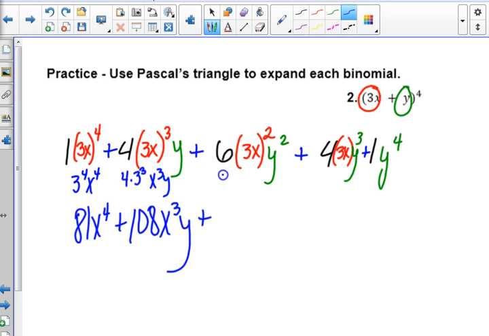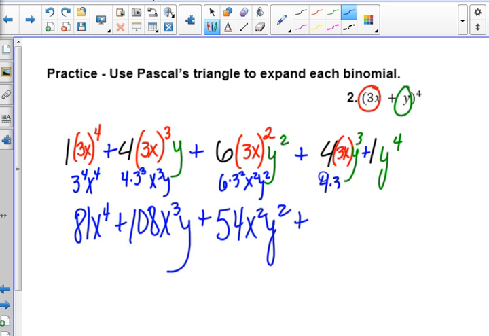This one is a 6 and a 3 squared. This one is just 4 times 3 times x times y cubed. And a 1y to the 4th.